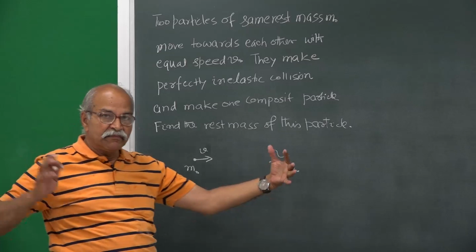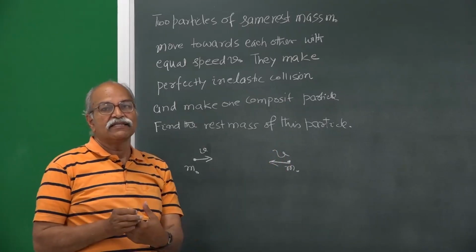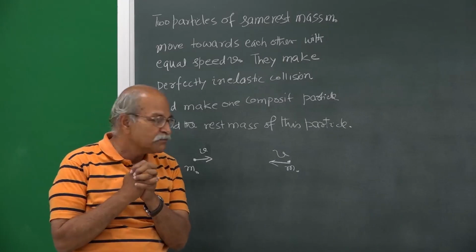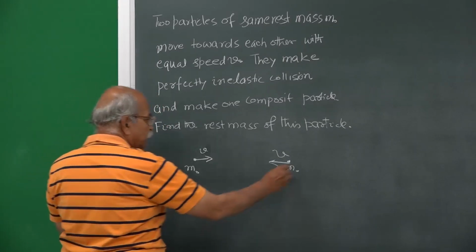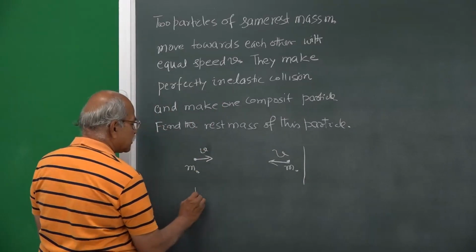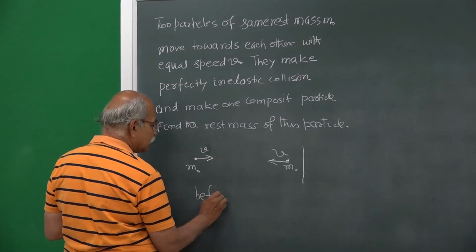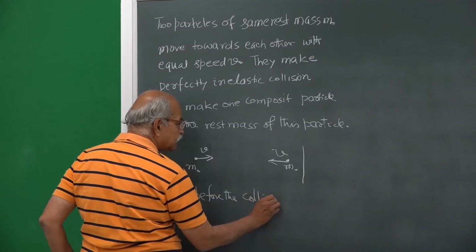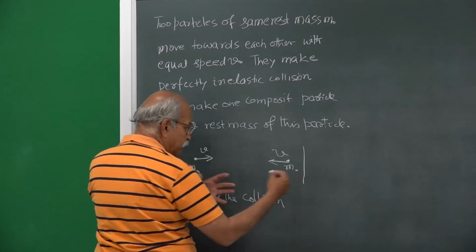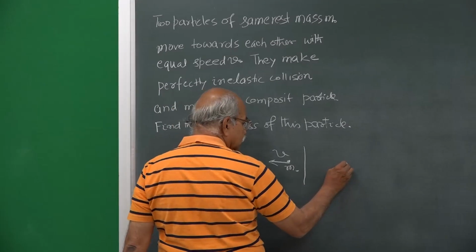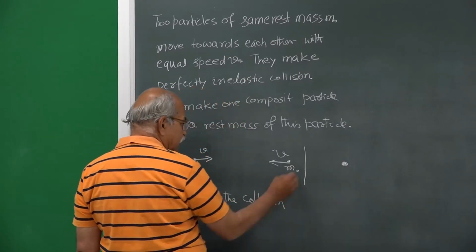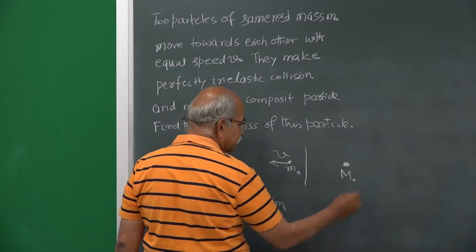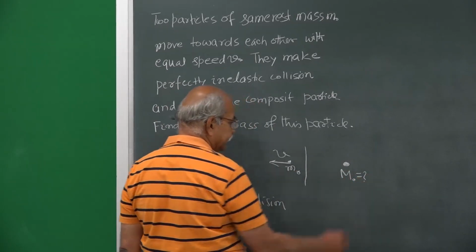And then they make a perfectly inelastic collision, and the two combine to form one single composite particle. This is the situation before the collision, and after the collision they combine and make one single particle, and you have to get the rest mass of that particle. That is the question.